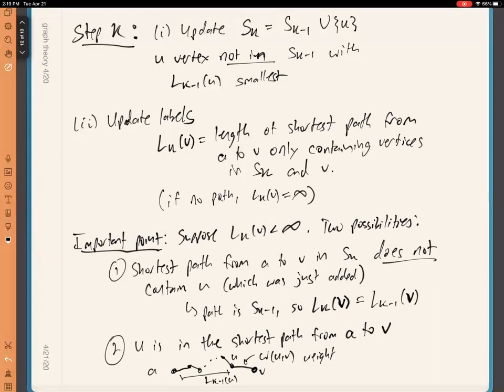It's already stored. And so then I can find the label for V just by adding the W to this previously stored bit of information.